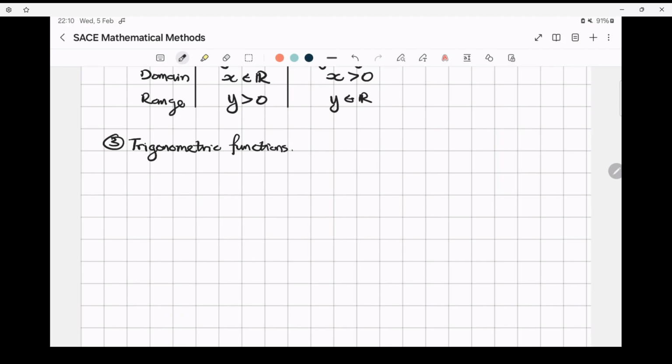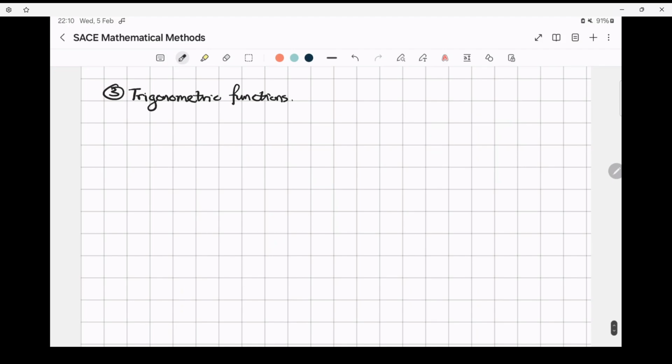For trigonometric functions, what you need to know is the definition of sine, cos, and tangent. Let's say this is a right angle triangle, with sides A, B, C, and this is my angle theta.